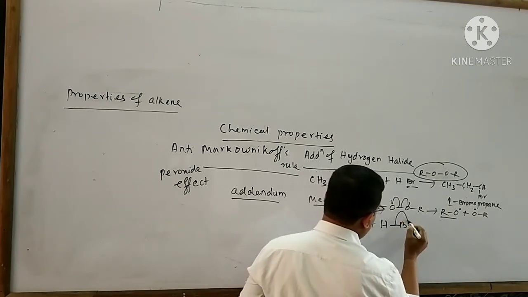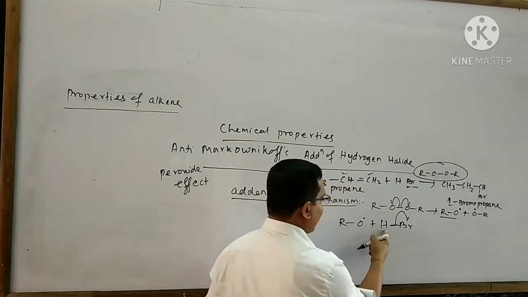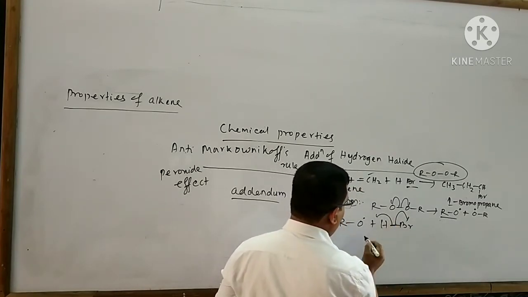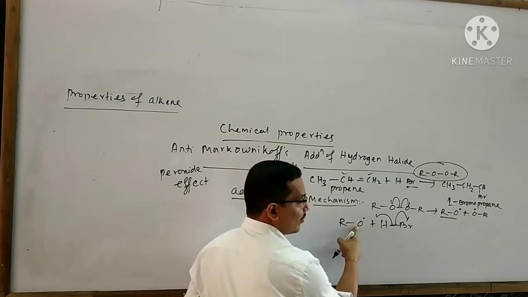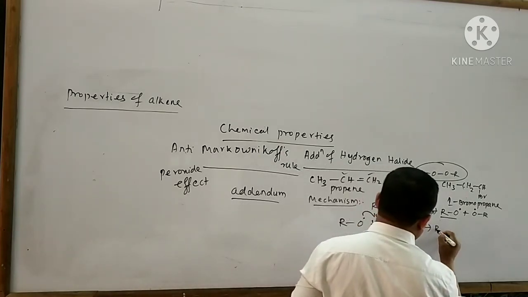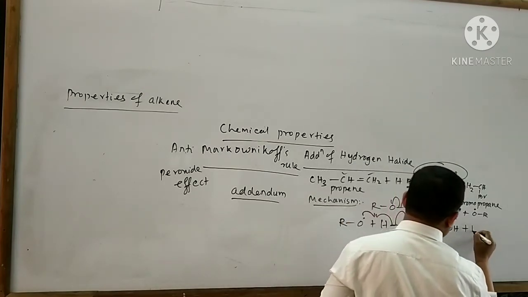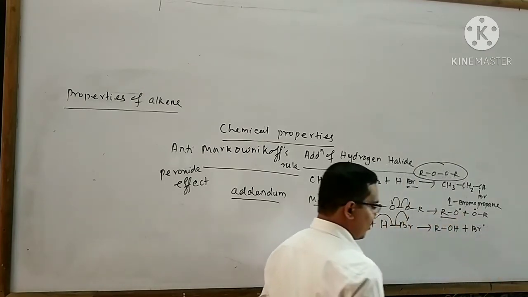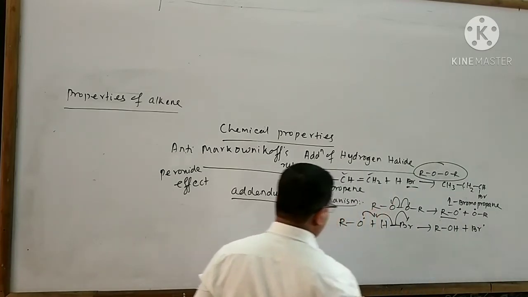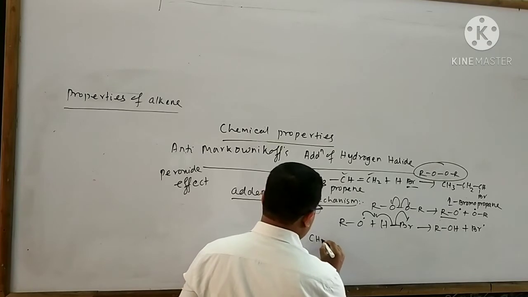As a result, bromine radical will be formed. This hydrogen radical now forms a bond with this free radical. As a result, R-OH will be formed here. Bromine radical is formed. Now this bromine radical will attack the propene.